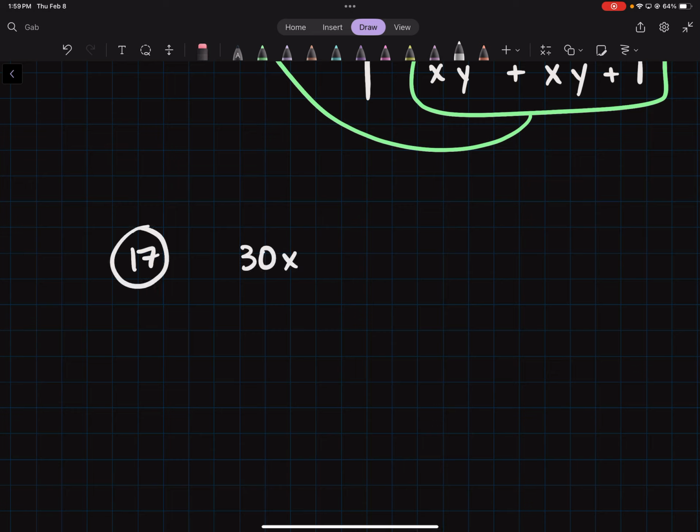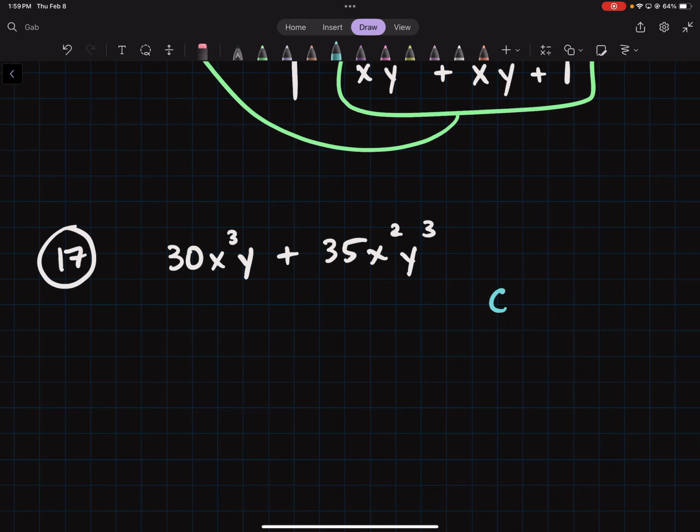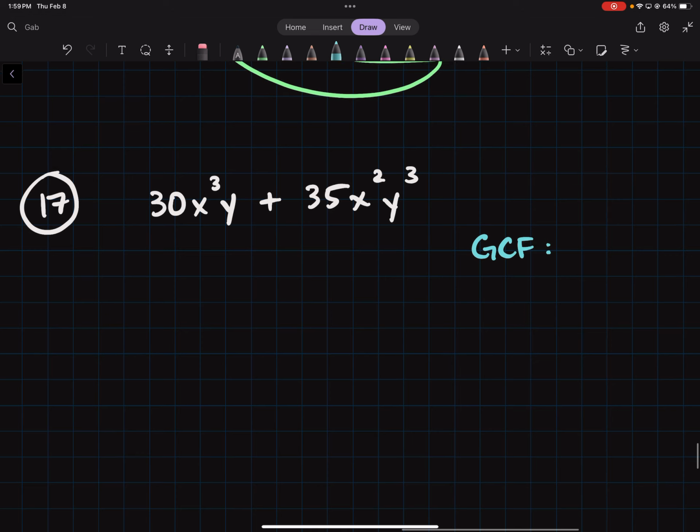30x cubed y plus 35x squared y cubed. Okay, GCF for this? 5. Do we agree it's 5? Yeah. Okay. What about the x's?